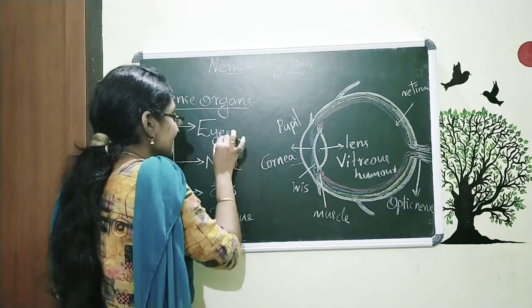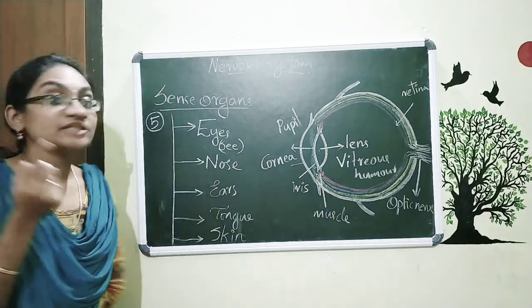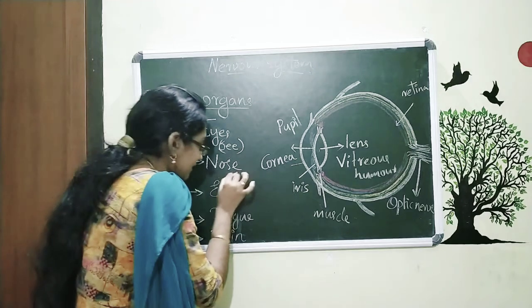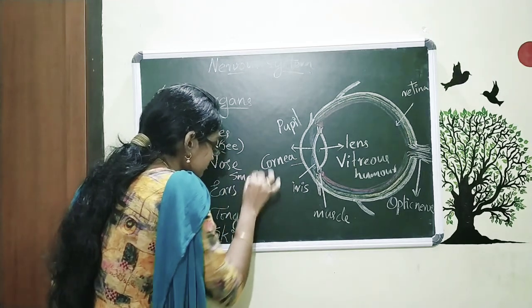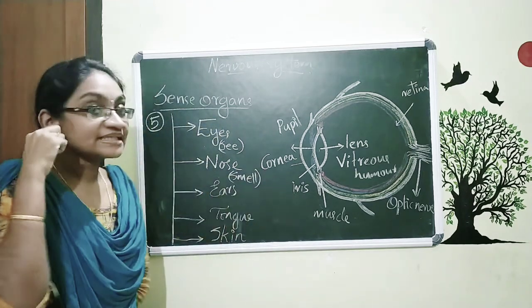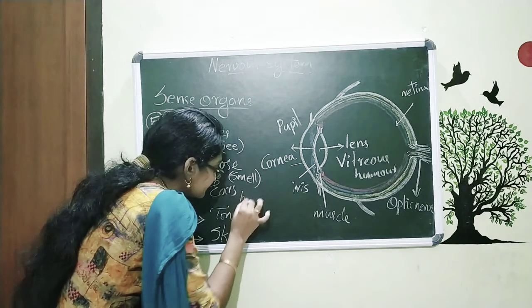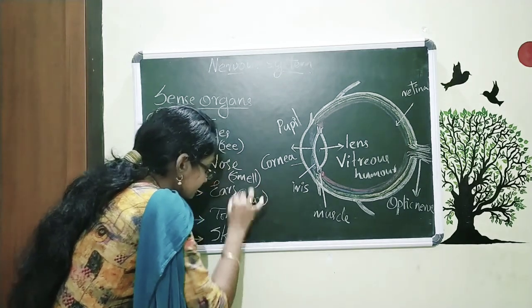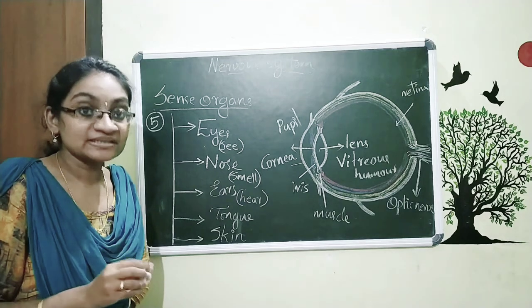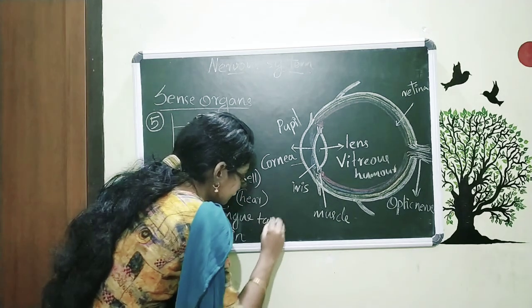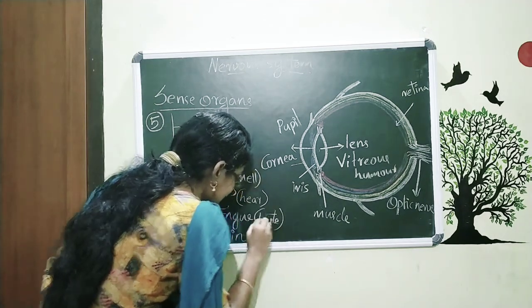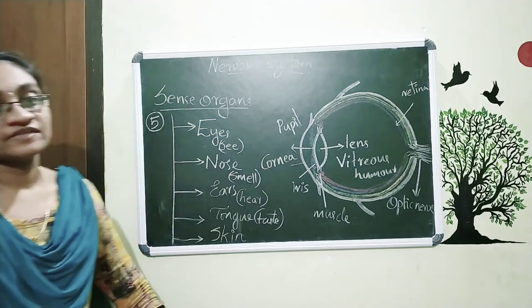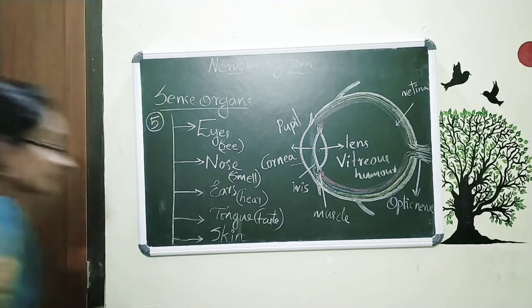By the eyes, we can see things. By the nose, we can smell. By the ears, we can hear. By the tongue, we can taste. And by the skin, what can we do? We can feel.